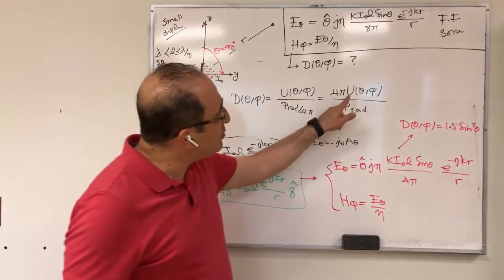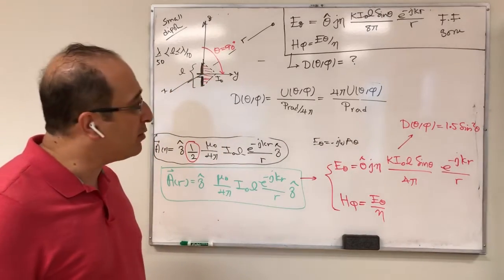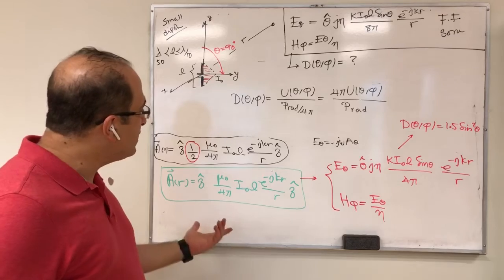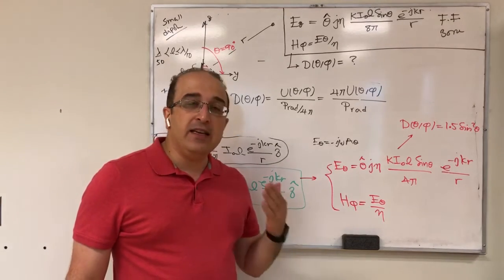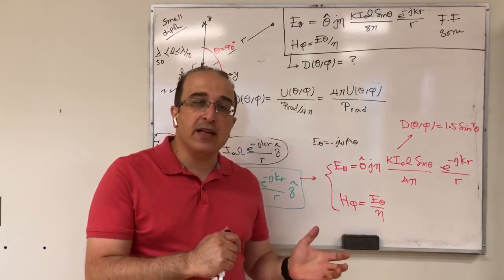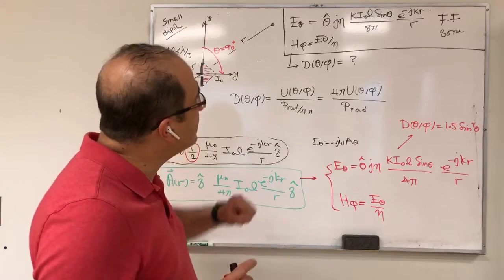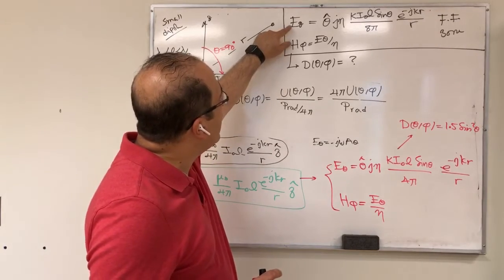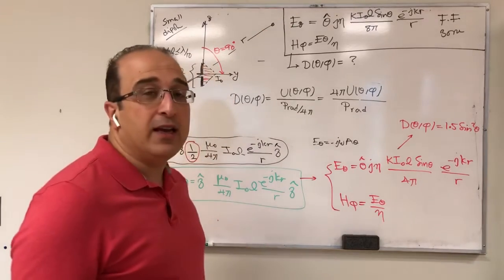What would be the relation between U of a small dipole antenna and U of the infinitesimal dipole antenna? So you would say, okay, what is U? U has to do with E and H. U comes from power density, so you need to multiply E and H. Now, you know that E of a small and H of a small is half of E and H of infinitesimal.